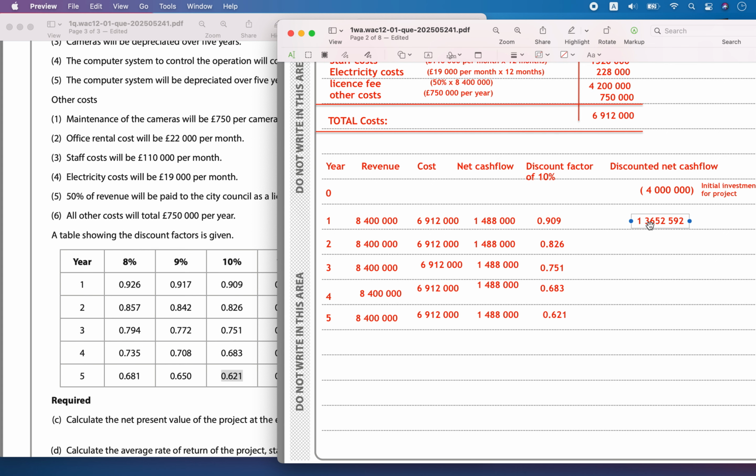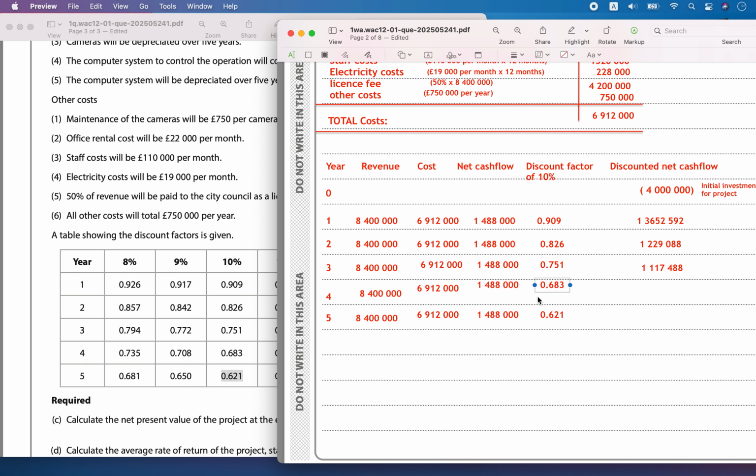That gives 1,352,592. Now let's multiply this also: 1,488,000 times 0.826 is going to be 1,229,088. Then the third one, 1,488,000 times 0.751, is 1,117,488.